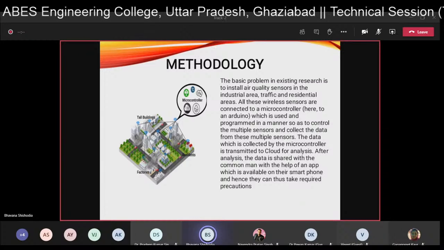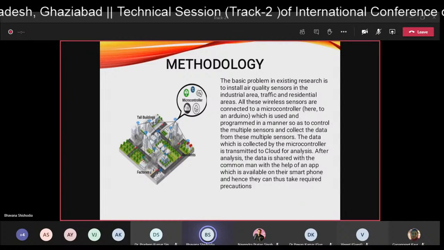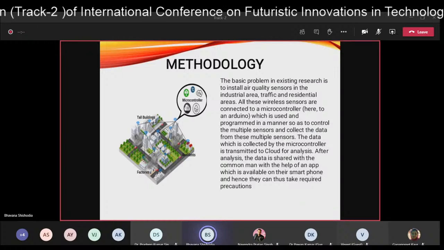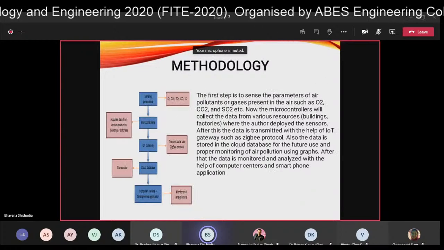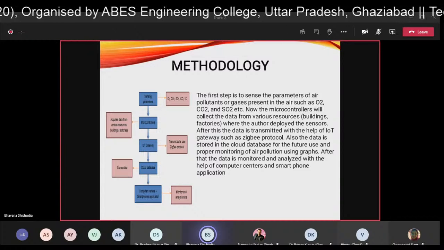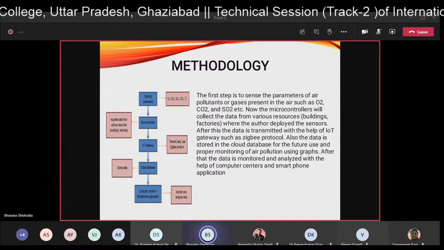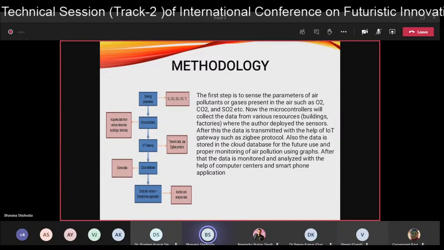And cloud is a good option for us as it can store data and we can use that data for further use. We all know that gases like CO2, SO2 are very dangerous for human beings.